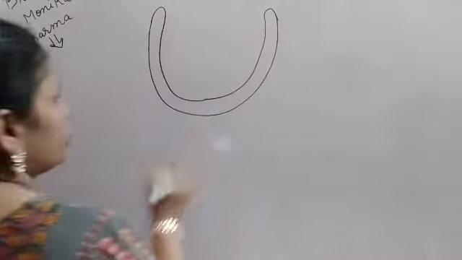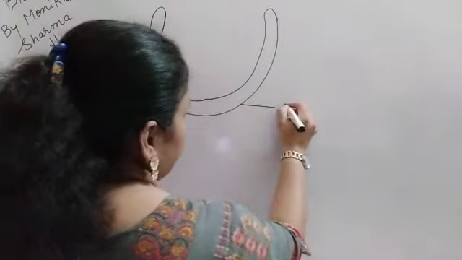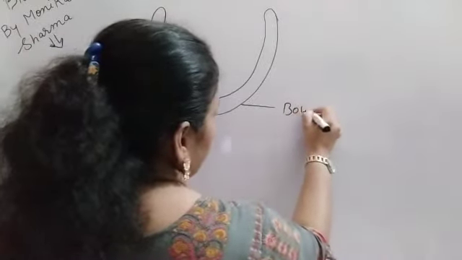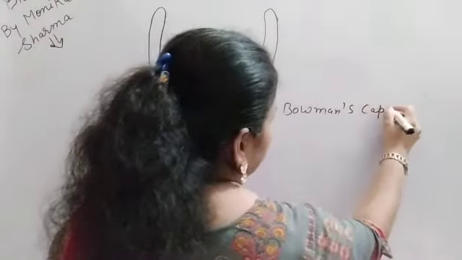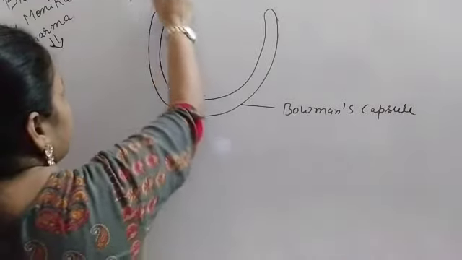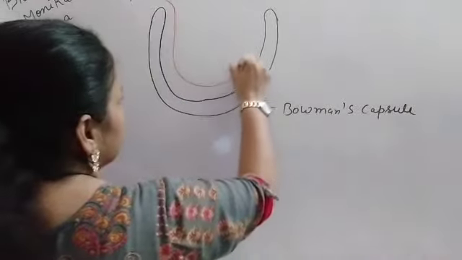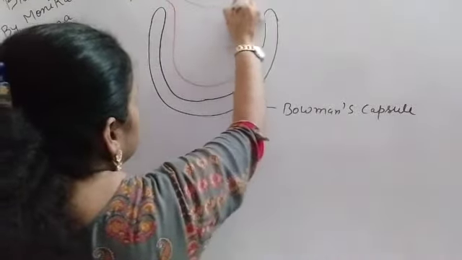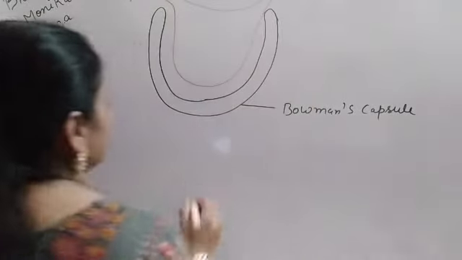That is the shape of the Bowman capsule, and we can write here Bowman's capsule. Inside this Bowman capsule, the afferent arteriole is entering and the efferent arteriole is exiting.